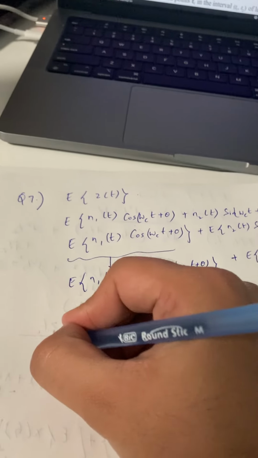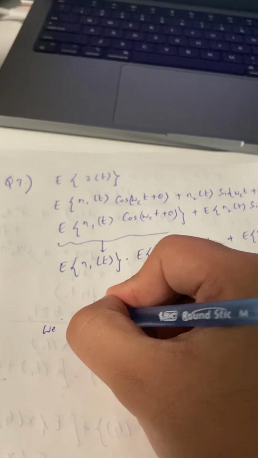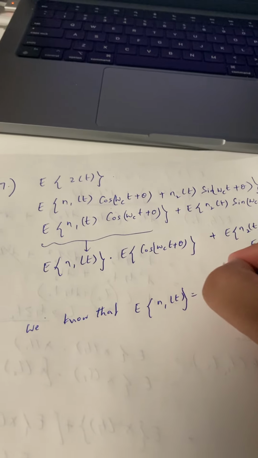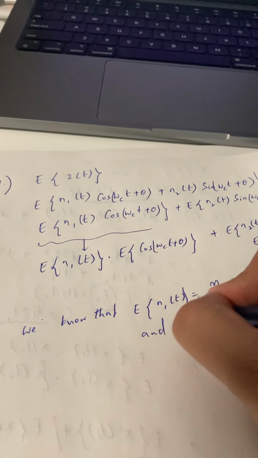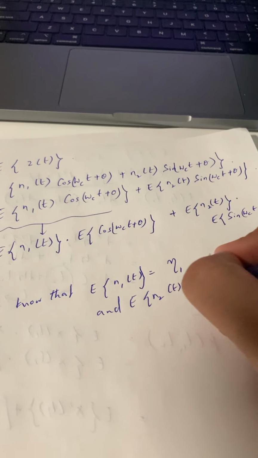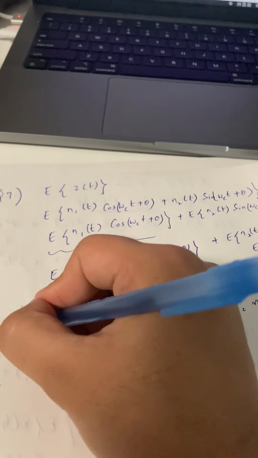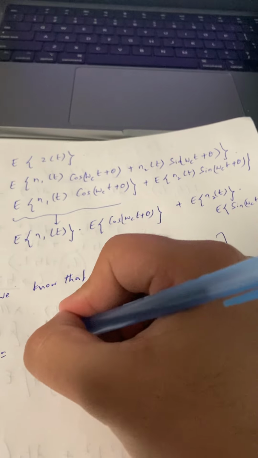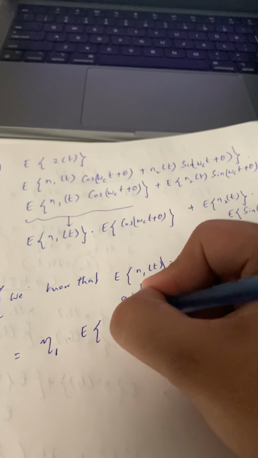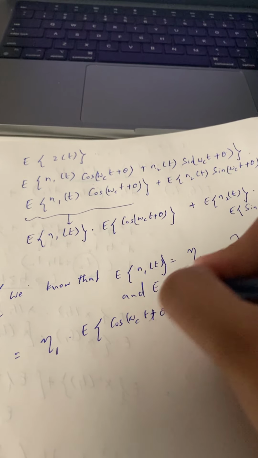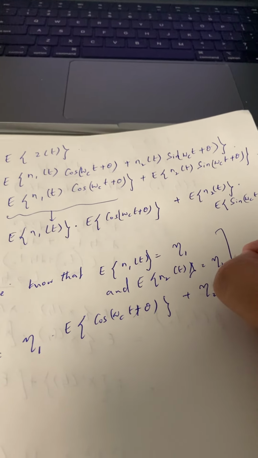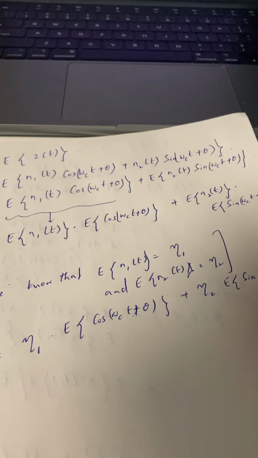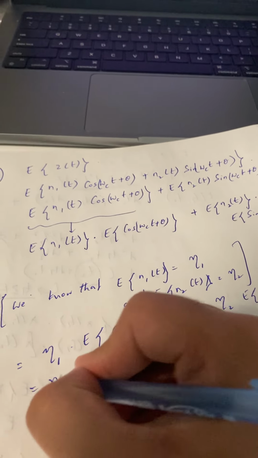We know that E of n1 of t is eta 1 and E of n2 of t is eta 2, which are the means. So this is eta 1 into E of cos of omega c t plus theta, plus eta 2 times the expected value of sine of omega c t plus theta.